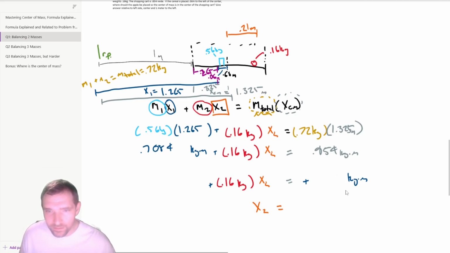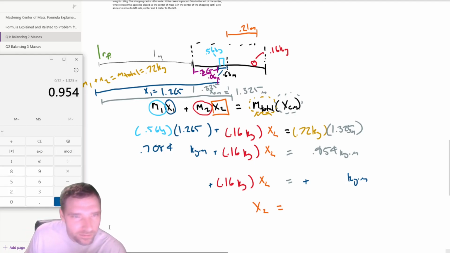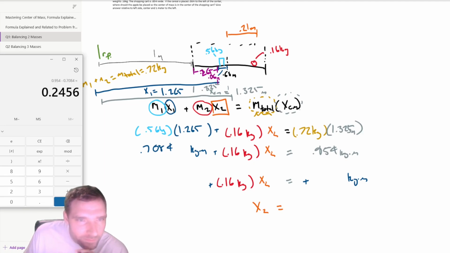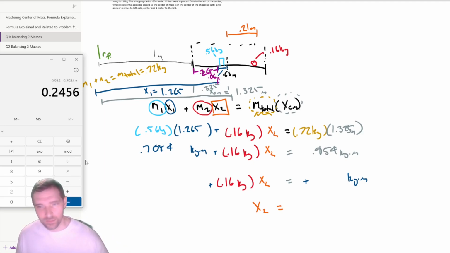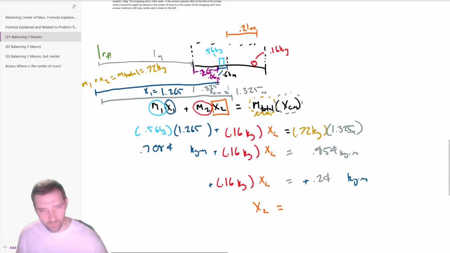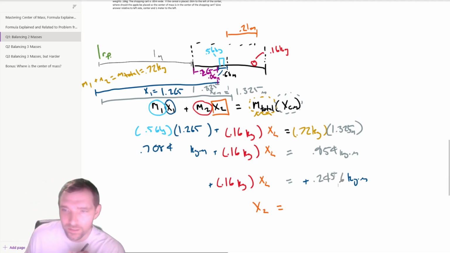I believe, let's see, minus 0.7084. Okay, so we're getting 0.2456 for that number, and then we divide by the 0.16.